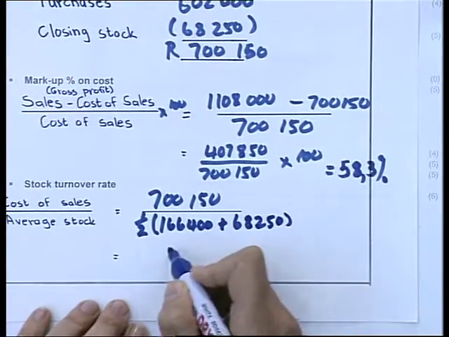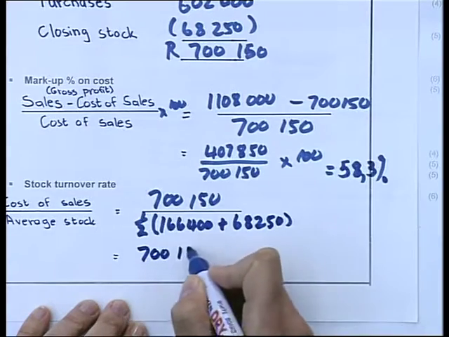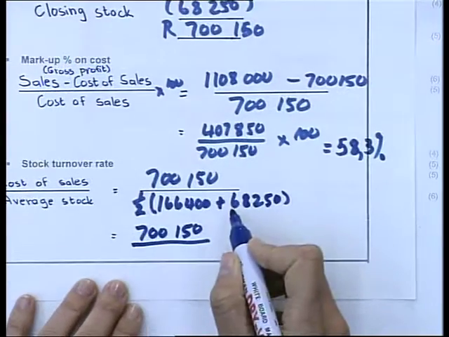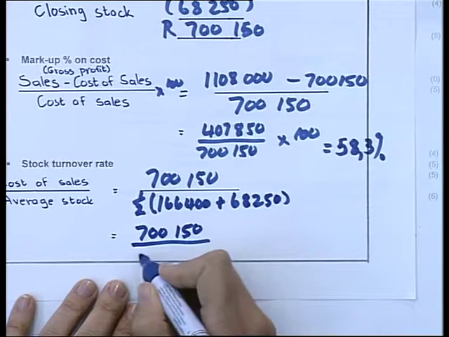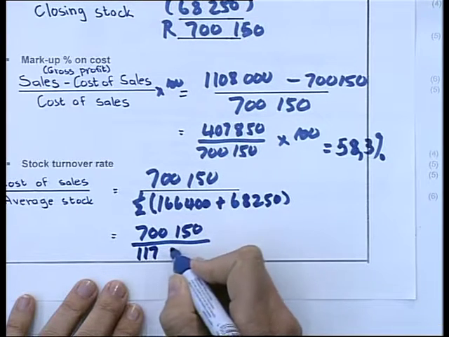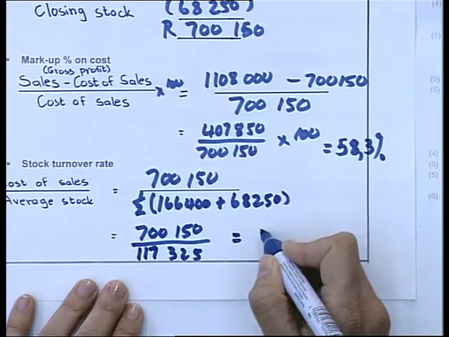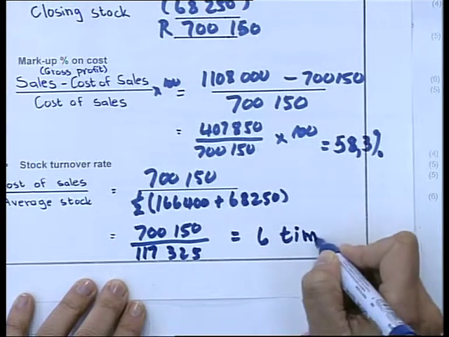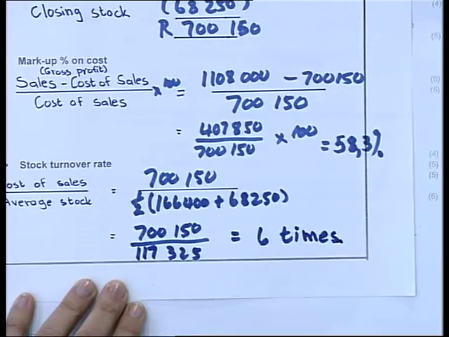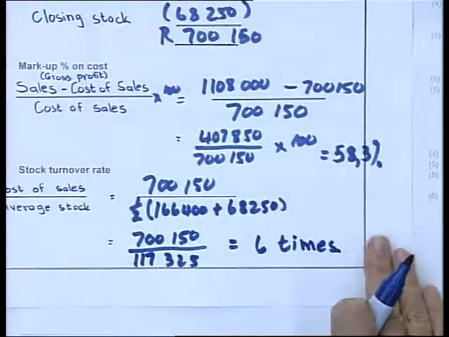Okay, so I've got 700,150 divided by, if I do that, I will get 117,325. So that will give me 6 times per year. Okay. So now the next question says, let me just put this away.